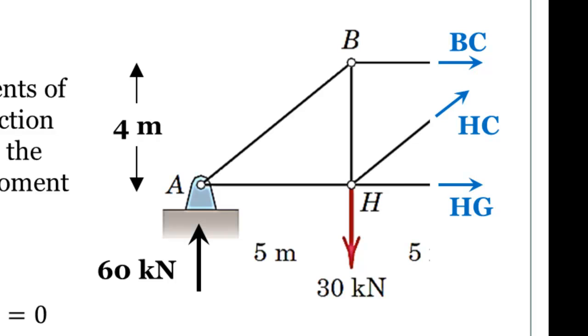I mean, we all make mistakes, right? So let's think of member HG as your first member to find the force in. What kind of a joint would you have that will have both forces BC and HC pass through? They both go toward joint C.